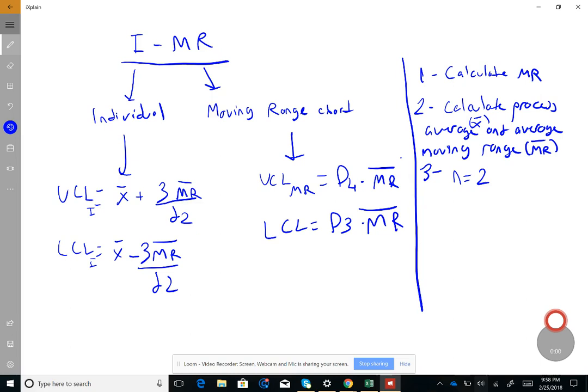So you're basically comparing your current state with the previous state. This is why N is always equal to 2. We will be going over an example to explain this. But you don't have to know the reason, just know that N is always equal to 2. Okay, so number 4, which is the last one, is that we want to construct the control charts.